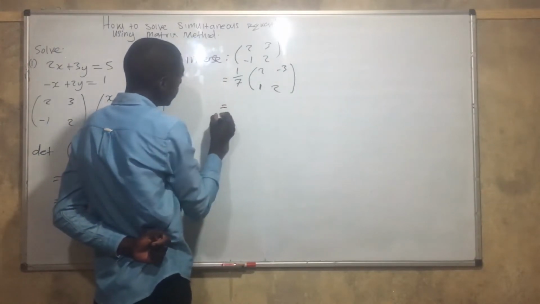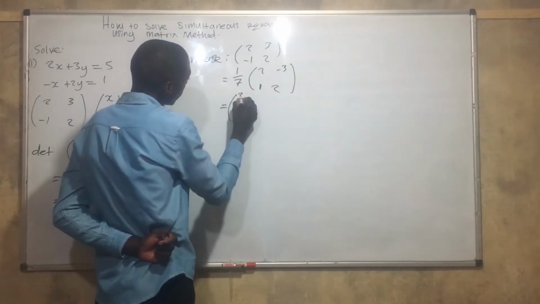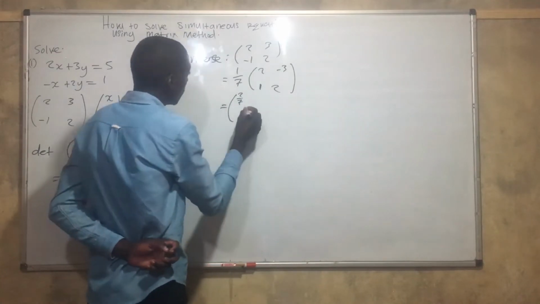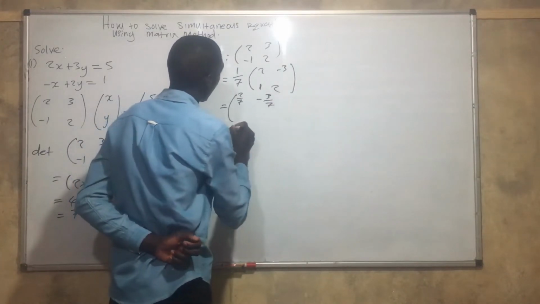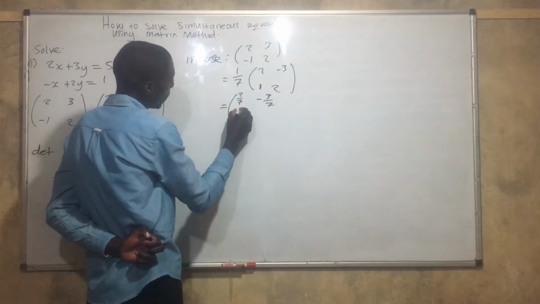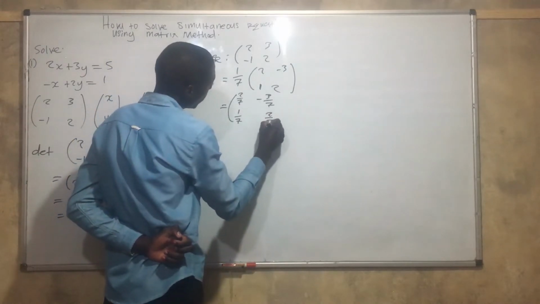When we multiply this, it gives us 2 over 7, then negative 3 over 7, then 1 over 7, then 2 over 7.